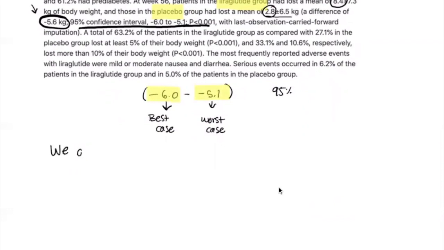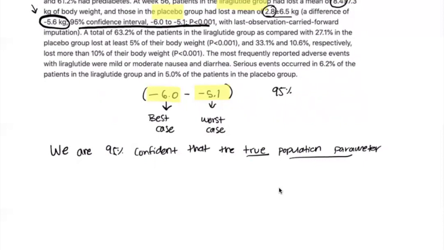So we are 95% confident that the true population parameter lies between negative 6 and negative 5.1. And in this case, we're looking at kilograms of weight loss.